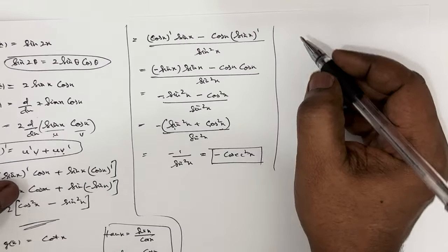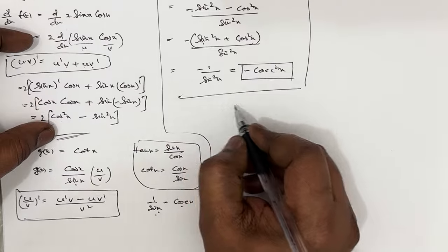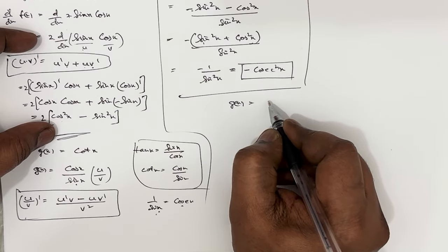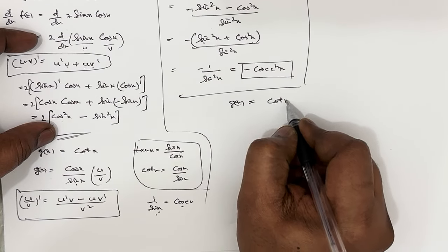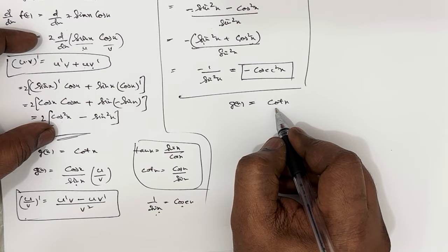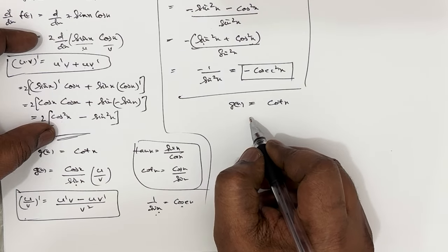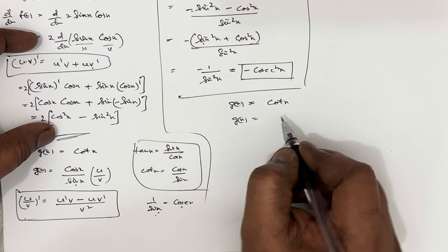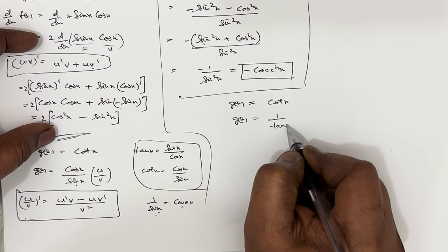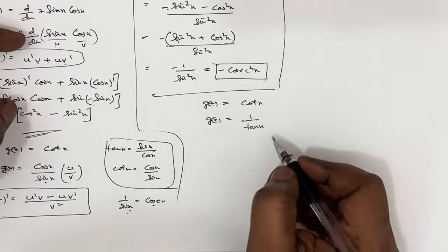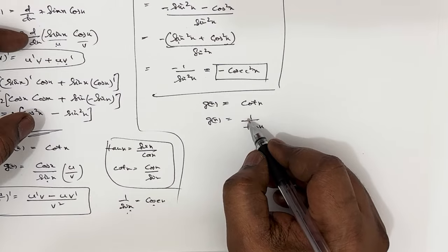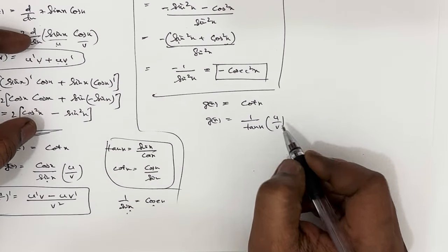Now see, we can do this in another way also, that is g of x is equal to cot x. Cot x is also the reciprocal of tan. So we can write this as g of x is equal to 1 upon tan x. Again we can take this as u and this as v.